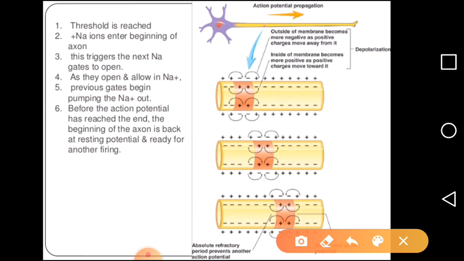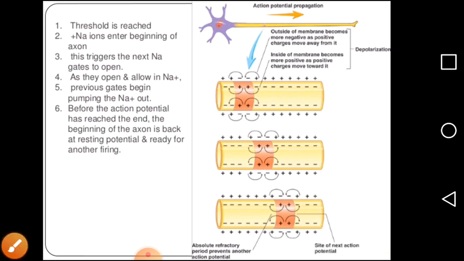This triggers the next sodium gates to open up. As they open and allow sodium ions in, the previous gate begins to close. Before the action potential has reached the end, the beginning of the axon is back at the resting potential and ready for another firing.